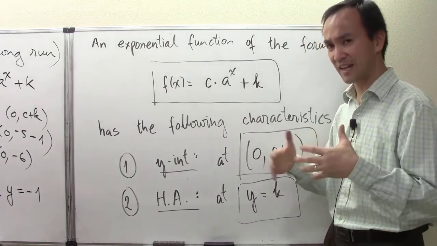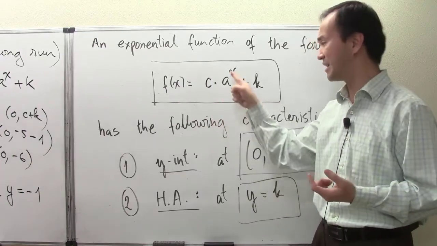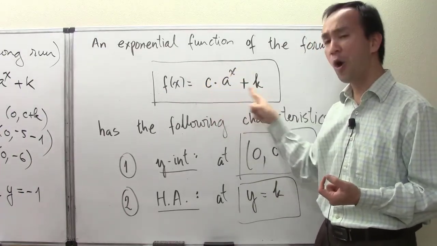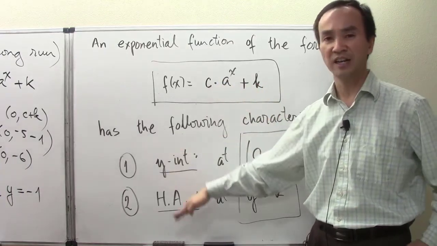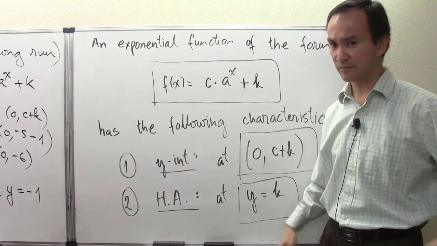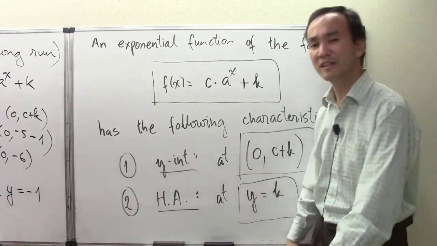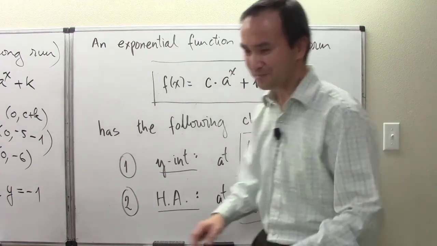It brings to light why we only need to focus on this general form where only the vertical transformations are involved, so that we can quickly identify the y-intercept and the horizontal asymptote, and that should be it. We don't really need to worry about the horizontal transformations as much. Okay, here's why.